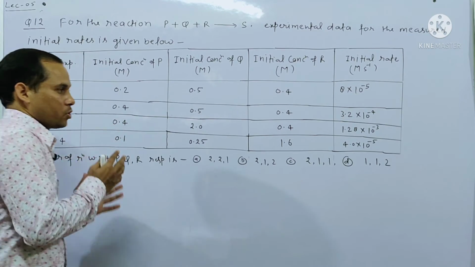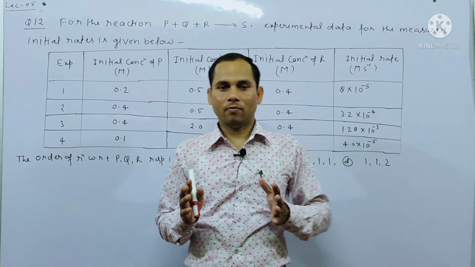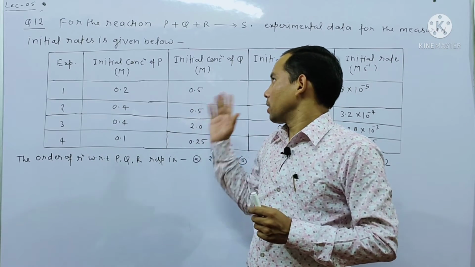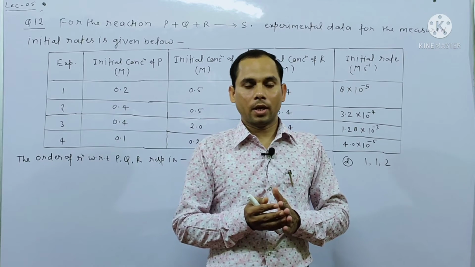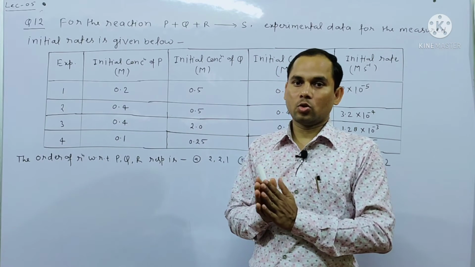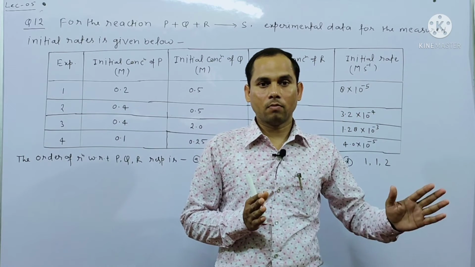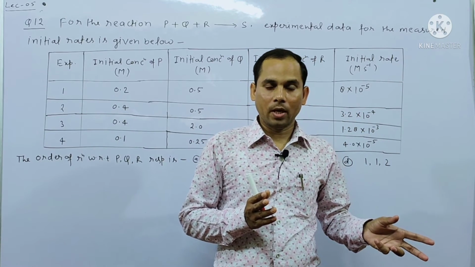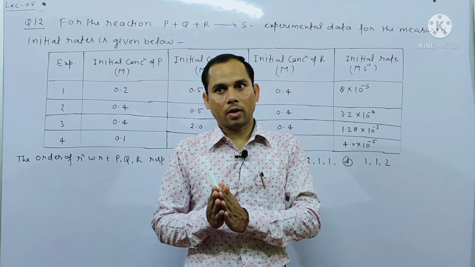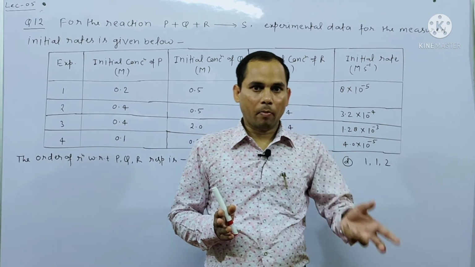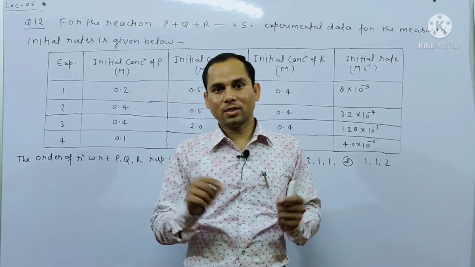Now, how can we calculate? For such types of questions, we already told you we can apply a shortcut. If the concentration of reactant becomes double and the rate of reaction also doubles, then it is a first order reaction. That means the rate of reaction is directly proportional to the concentration.